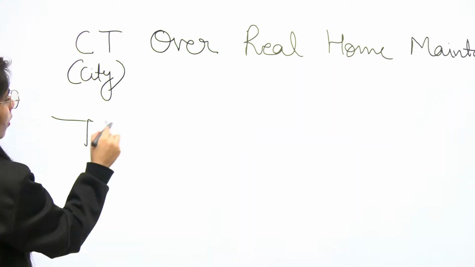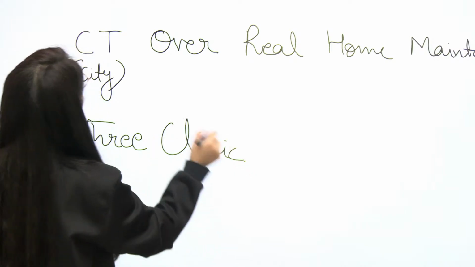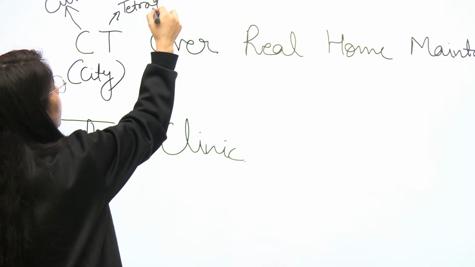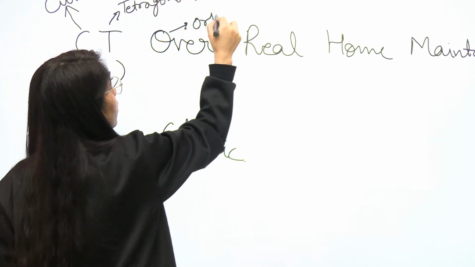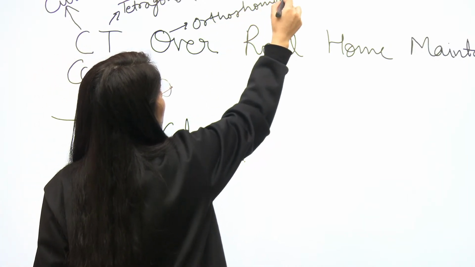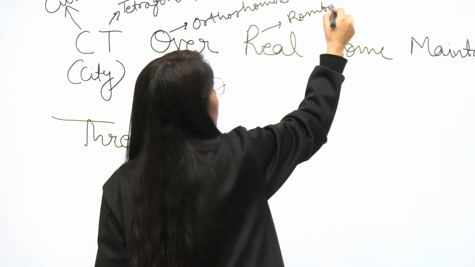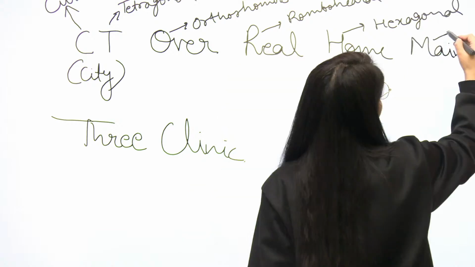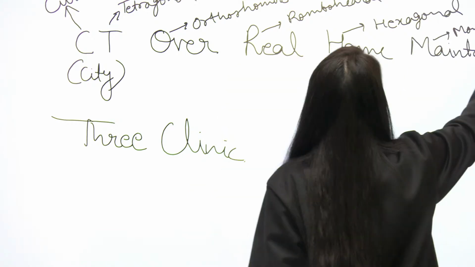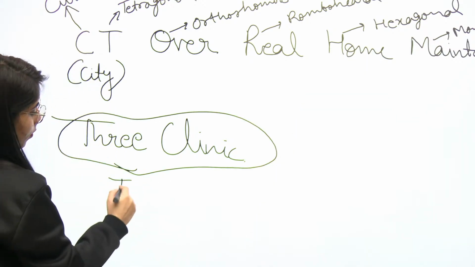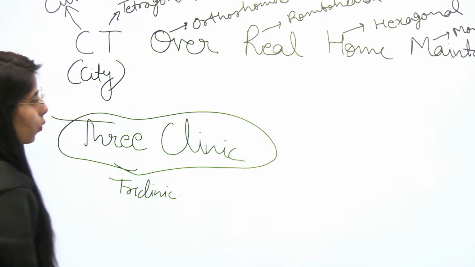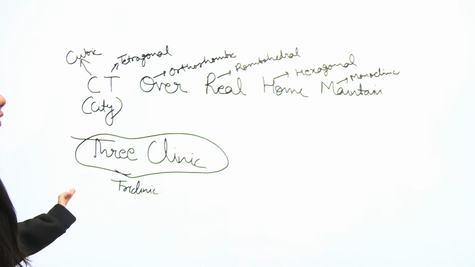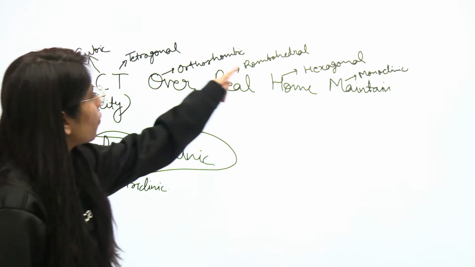Then C for cubic, T for tetragonal, O for orthorhombic, R for rhombohedral, H for hexagonal, M for monoclinic, and triclinic means triclinic. You got to know about the sequence till now: cubic, tetragonal, orthorhombic, rhombohedral, hexagonal, monoclinic, triclinic. How many? 1, 2, 3, 4, 5, 6, 7.